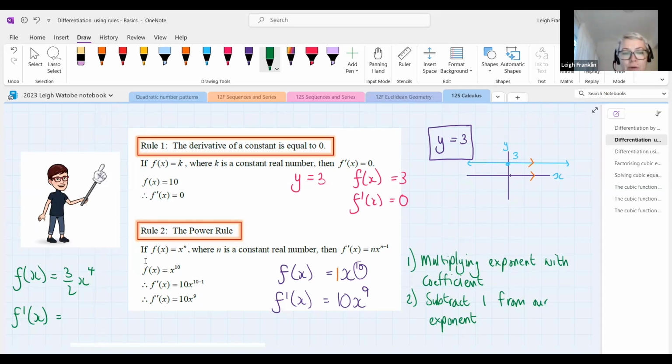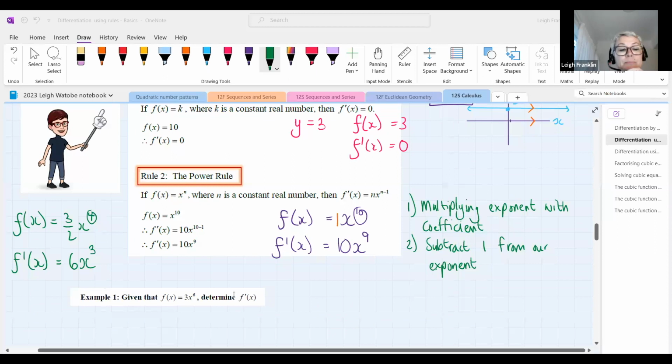You can do that on your calculator, and I would end up with 6. 4 times 3 over 2 is 6. I'm going to write down my variable, and then take 1 away from my exponent. So it's not just for coefficients that are 1, it's for any coefficient, positive or negative. Okay, Naledi?